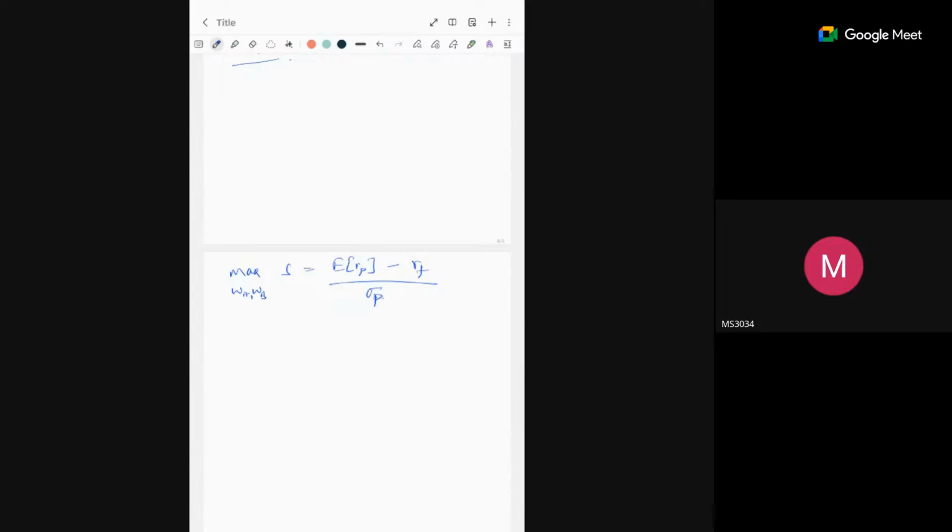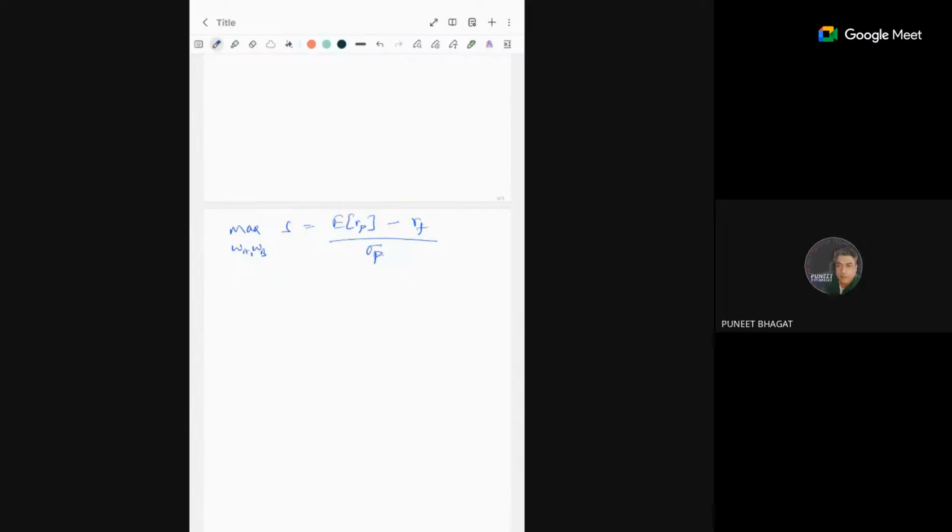In exams we try to avoid such lengthy calculative questions. You should know the concept of how you find the optimal risky portfolio: you need to maximize the Sharpe ratio.